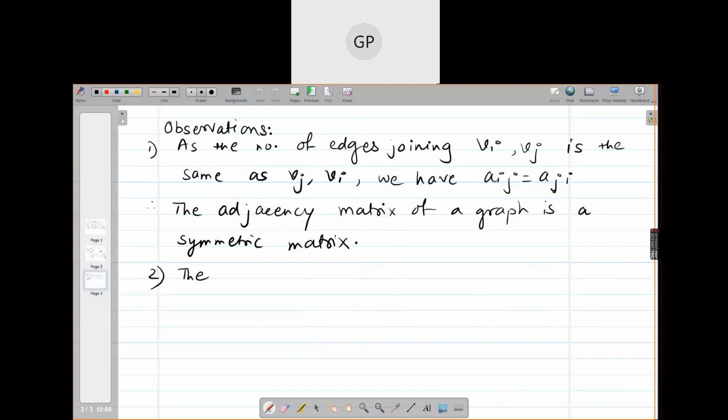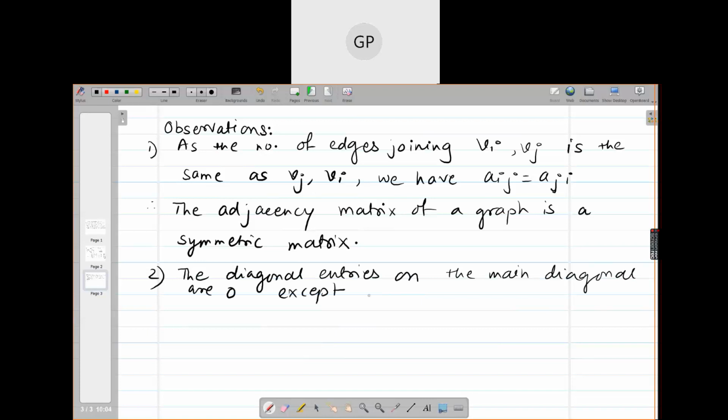Otherwise, all the entries will be 0. The diagonal entries on the main diagonal are 0 except when there is a loop.